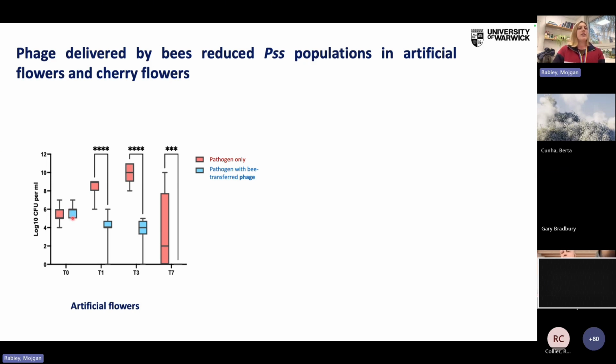You can see at T0 before bee release, the bacterial concentrations are the same, which you'd expect. No bees have visited the flowers to deliver phage yet. But even after 1 day, there's a significant reduction in bacterial population, and then we have complete clearance of the bacterial PSS by day 7.